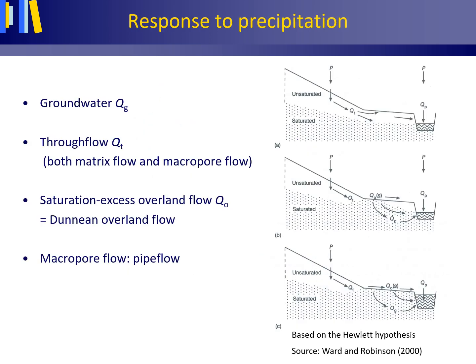This figure provides a summary of the Hewlett hypothesis of runoff formation in humid climates as presented by Ward and Robinson. Figure A shows that water infiltrates the slope surface and moves as through flow, that is, matrix flow and/or macropore flow under the slope surface.